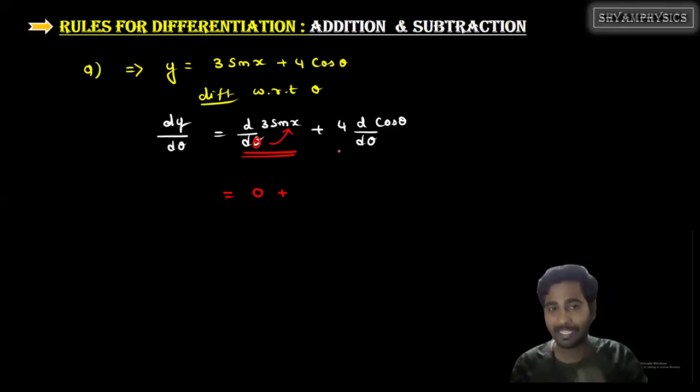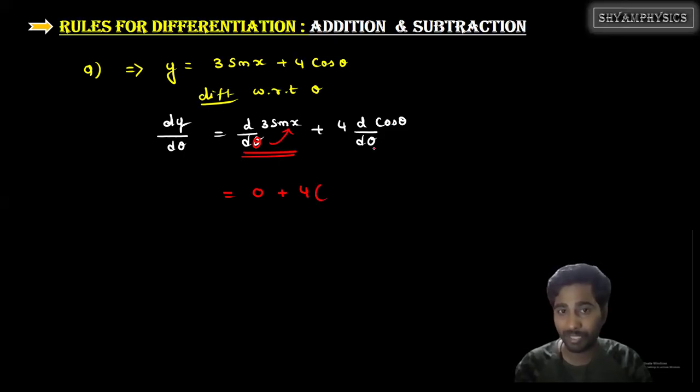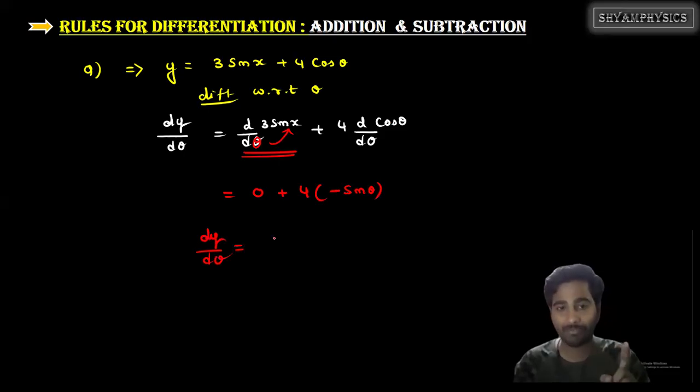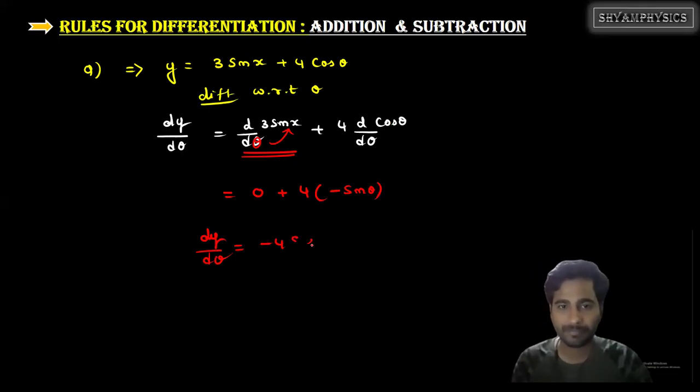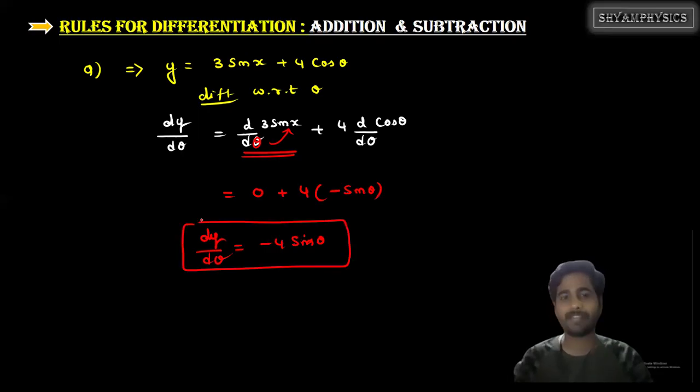Plus the second term, 4. Differentiation of cos theta, with respect to d theta only I'm doing, minus sin theta. So dy by d theta for the given configuration, the answer will be -4 sin theta. Hope it is understood to each and everybody here.